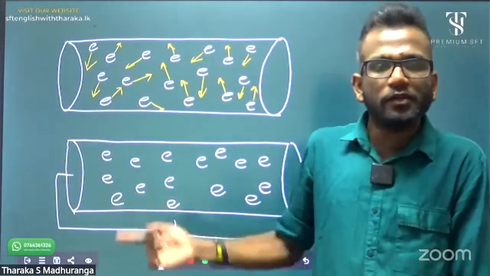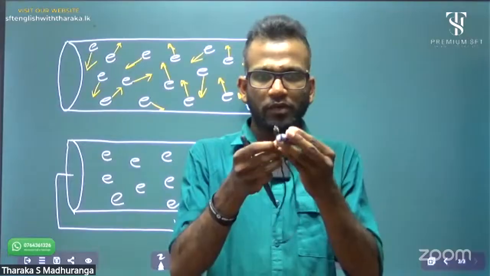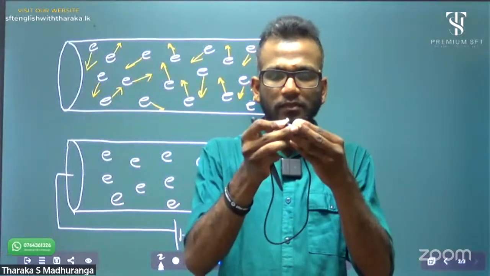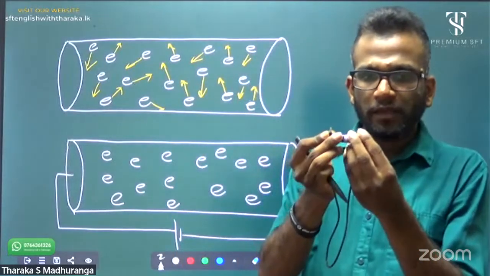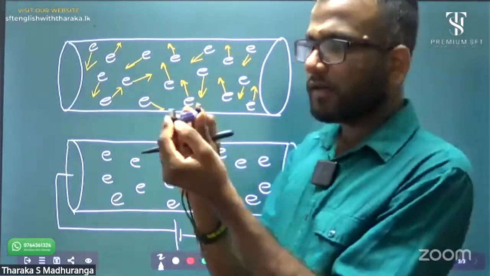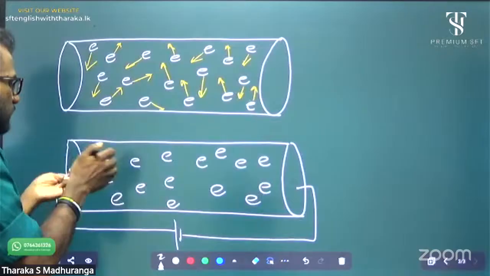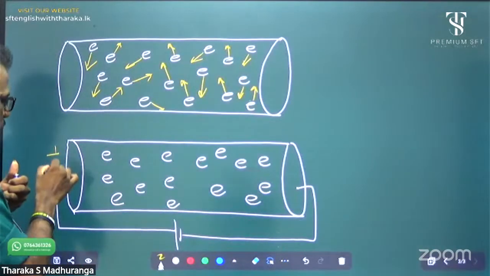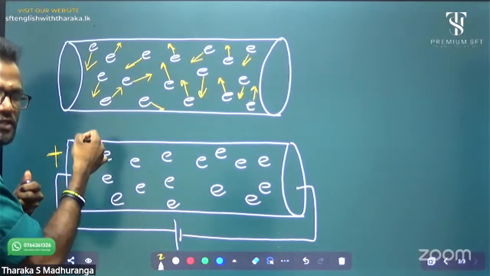If I connect it to a battery like this, a 1.5 V or any type, I connect this conductor to this battery like this. Now this side gets a positive potential.